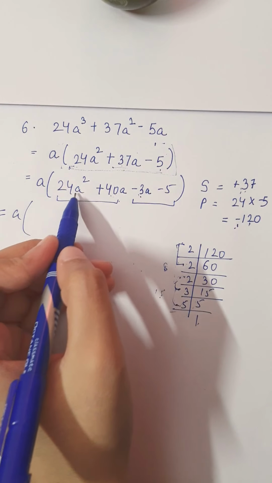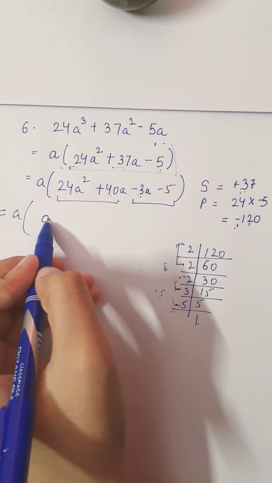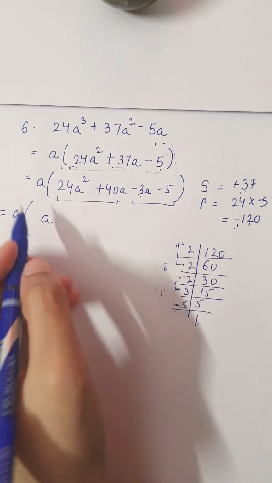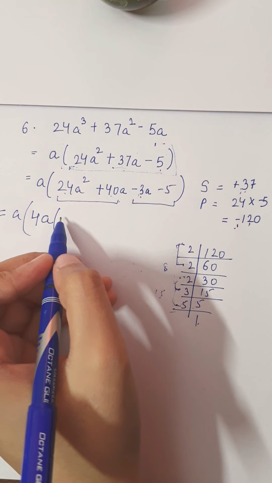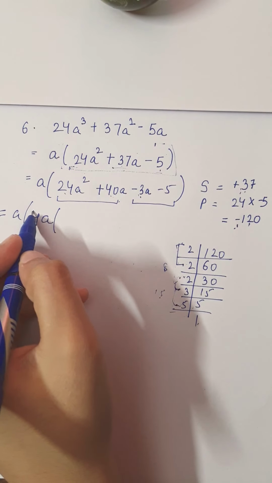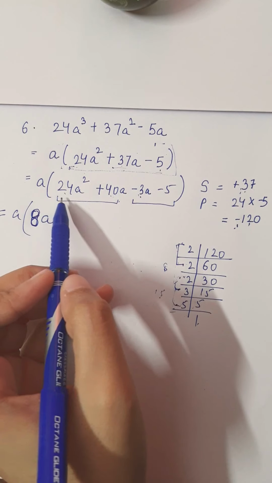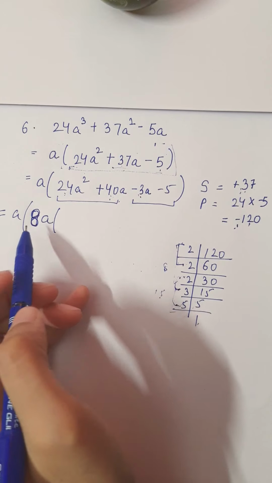Here a is common. 2 a's are there, 1 a is there, so a is common. And out of 24 and 40, let's take 4 common, or even better if we take 8 as common. 24 and 40, 8 is a better common factor in fact.